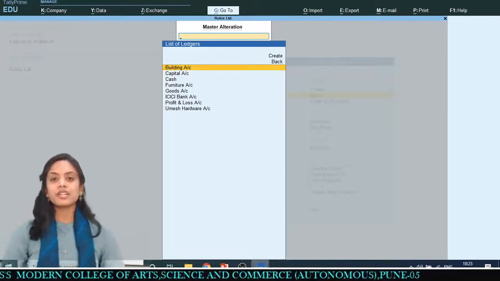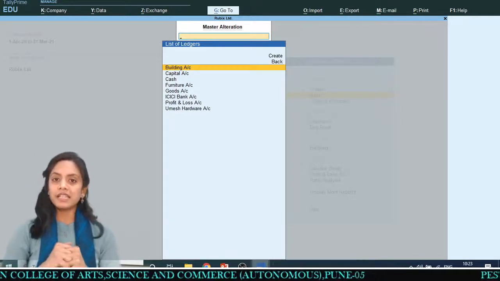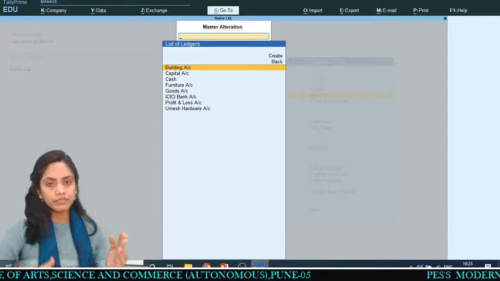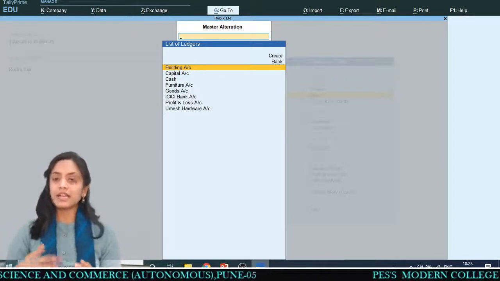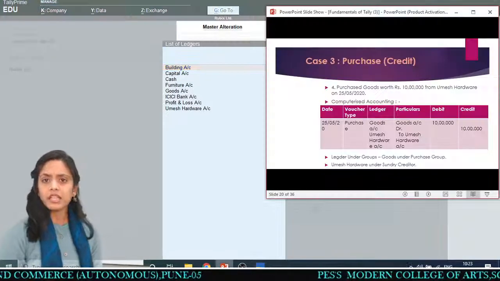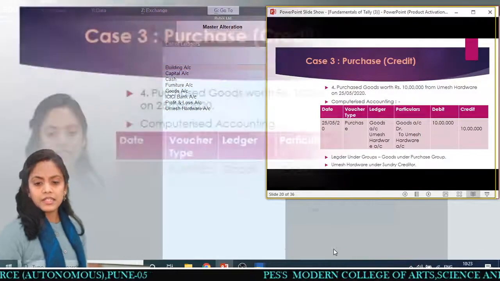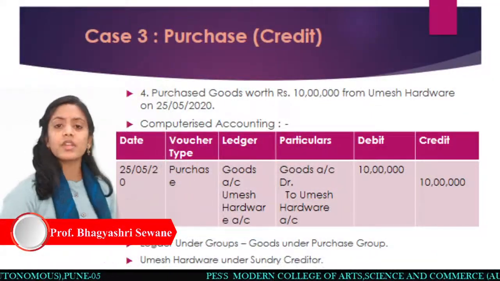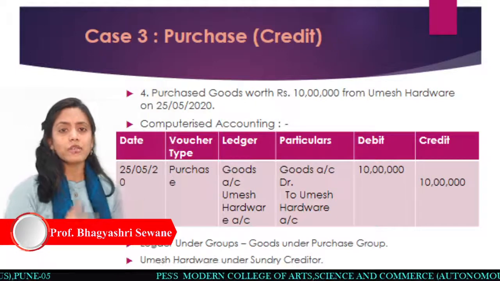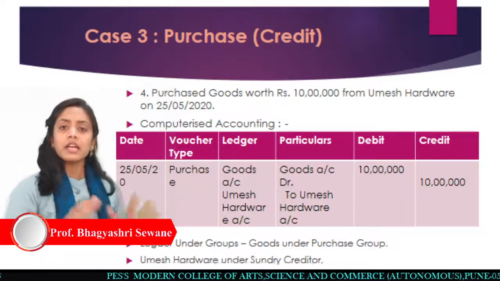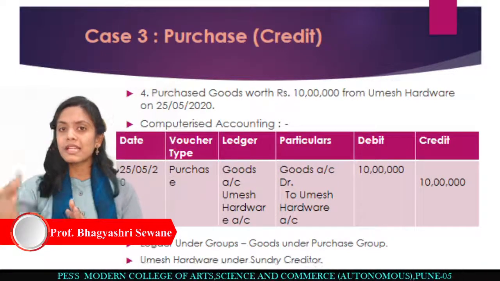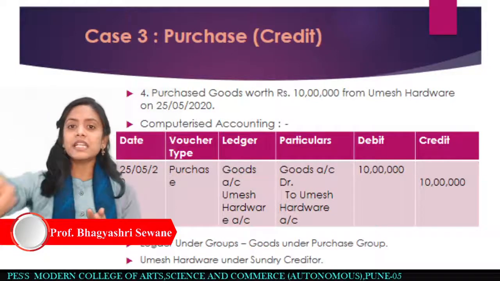Okay, so students, in this session we have seen the creating of ledgers. The next transactions that are there in this particular case, we are having various transactions, likewise 19 transactions we are having. So we are not going to create the ledgers first. Now we will go in a different way.